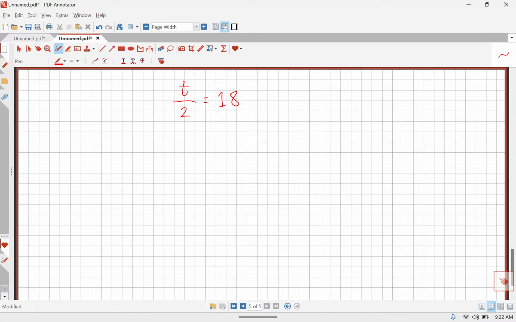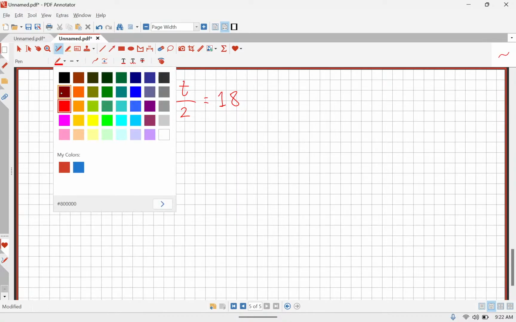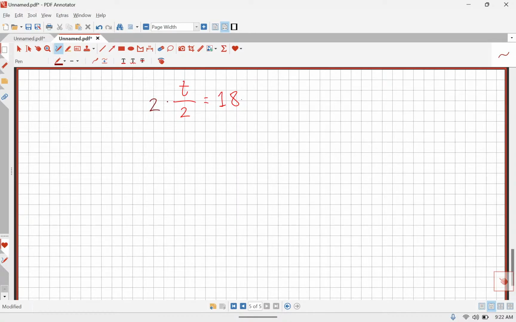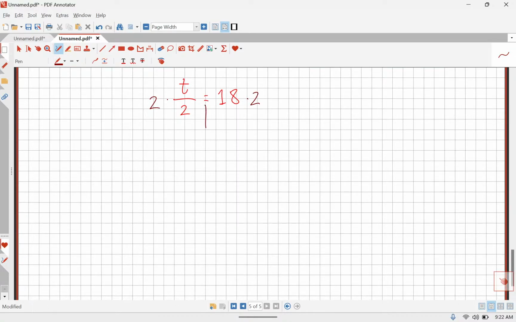Each half is 18 feet long. What could I do to 18 and 2 to find out how long the original tree was? Yeah, I would multiply by 2, right? I would double it, okay? And that means the original tree was 36 feet long, okay?